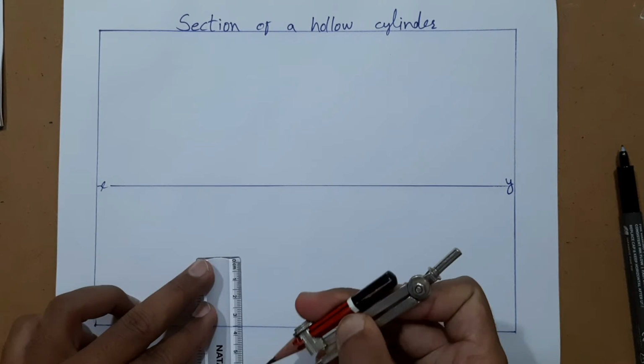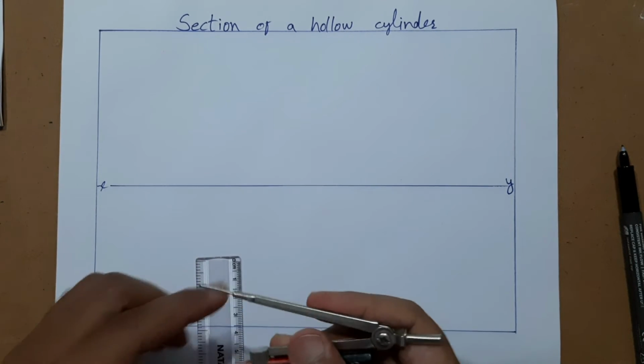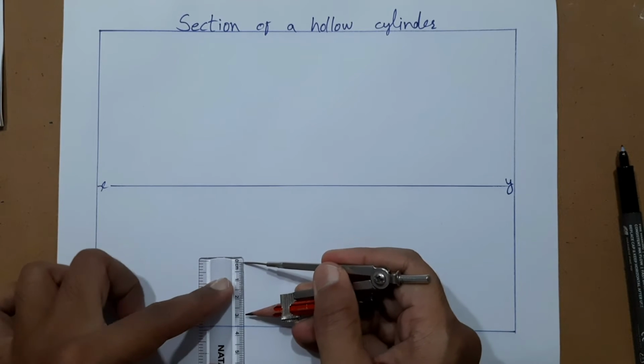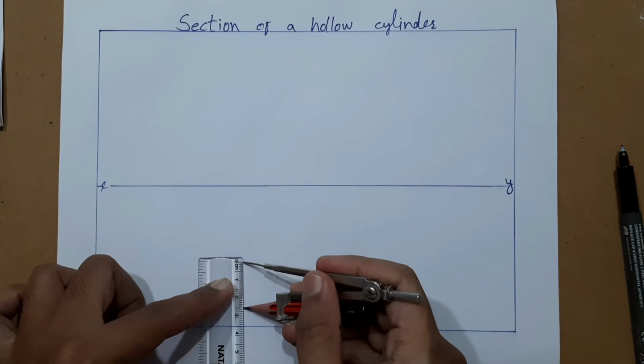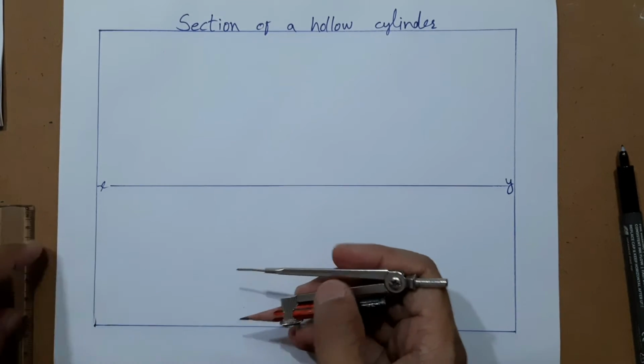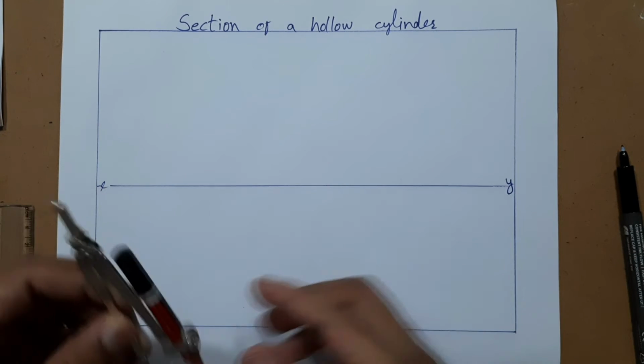50 mm diameter means radius will be 25 millimeter. So here comes the 25 radius set with this compass, and I'll take one point as the center.